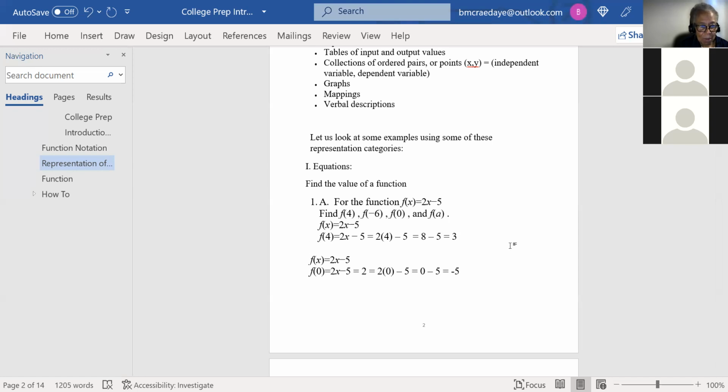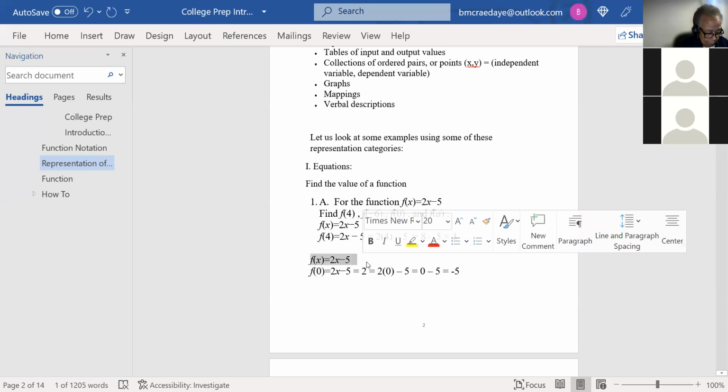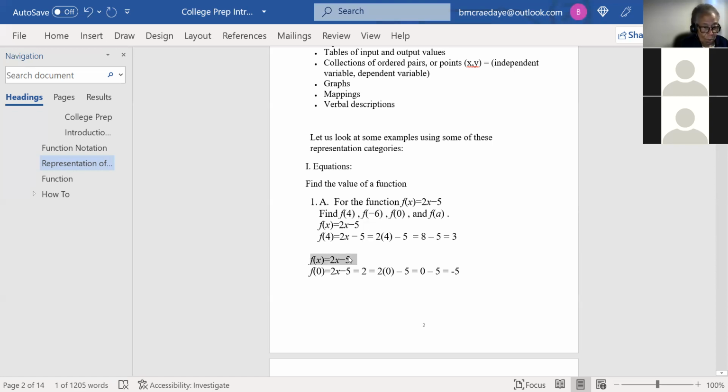I'm changing the value of the variable. So let's do the f of minus 6. Latoya, you okay? Yeah, I'm okay. Okay. So let's put here, now this is f of minus 6. I put the minus 6 here. Now wherever you see an x, I want to put a minus 6.